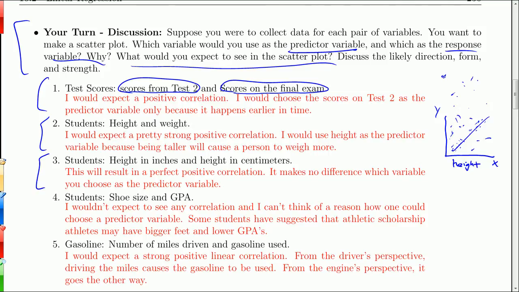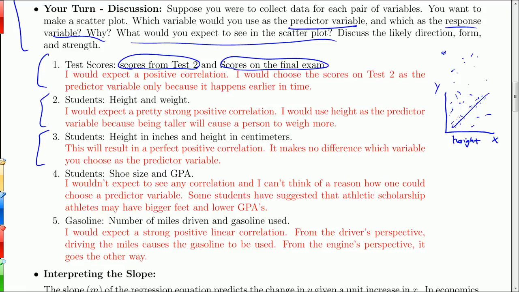Students, height in inches and height in centimeters. All right, again, I'm going to get rid of this here. Is there any reason to make one the causative variable and one the response? Well, being tall in inches certainly does cause you to be tall in centimeters and vice versa, but it doesn't really make any difference which one's down here. But the correlation will actually be perfect, right?